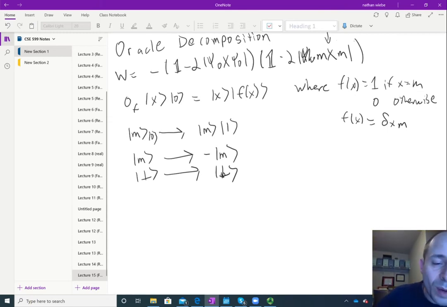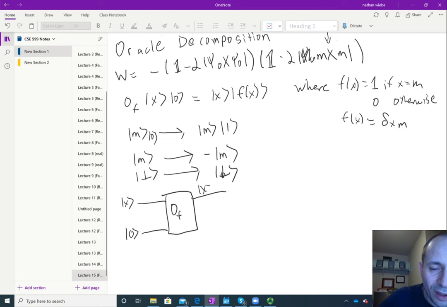Well, the easiest way to do this from the perspective of the circuit is to begin with an input x up here and an ancillary qubit that I'm going to begin in the state 0 over here. Now I'm going to end up calling OF. This state over here is going to come out as x, because OF doesn't change that input.